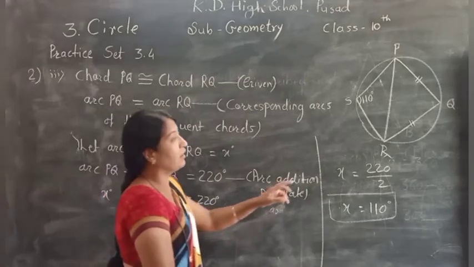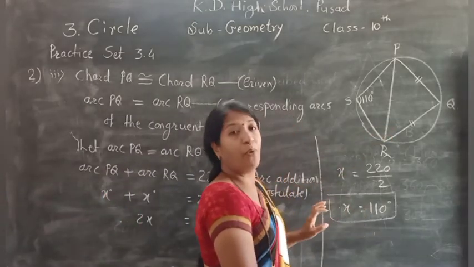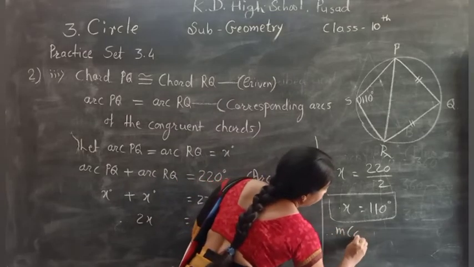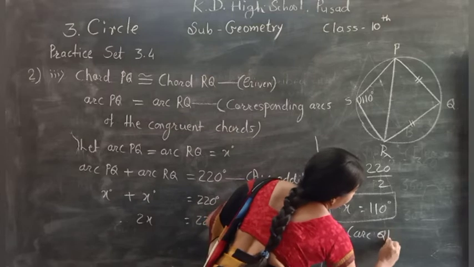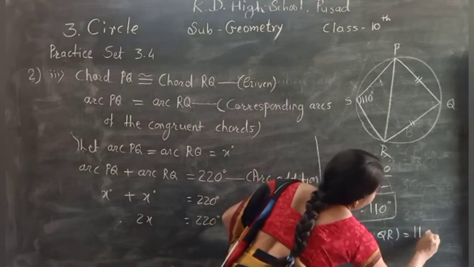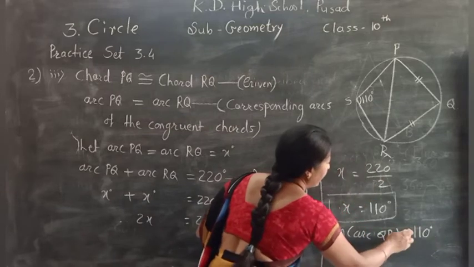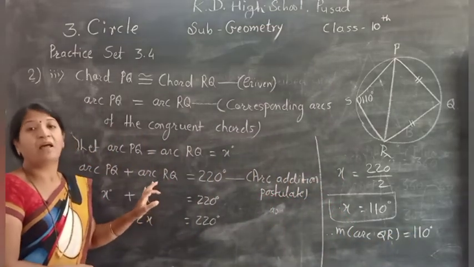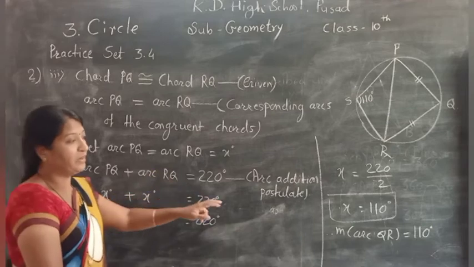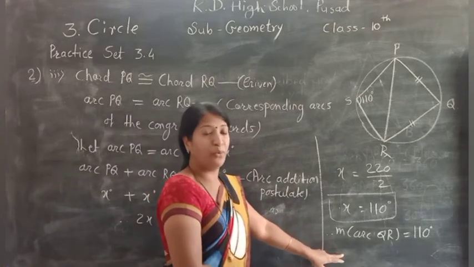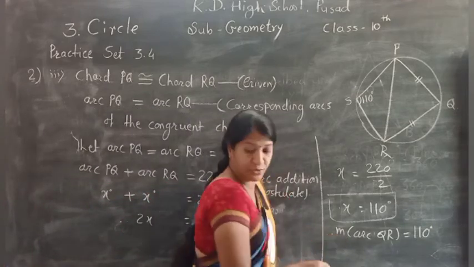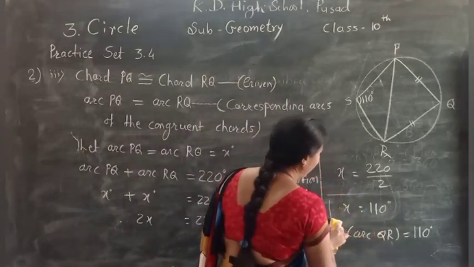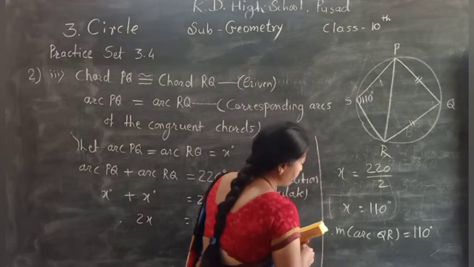Therefore arc QR is equal to 110 degrees. You can write either QR or RQ. So we find arc QR is equal to 110 degrees. This is your final answer. No need to put the bracket for the x, because we have to find arc QR.